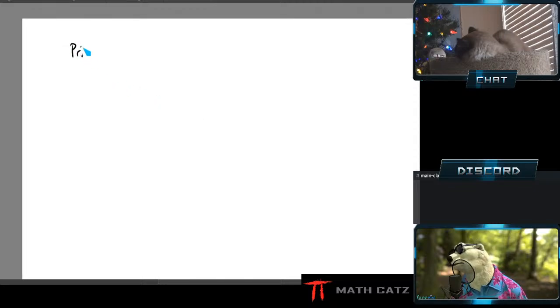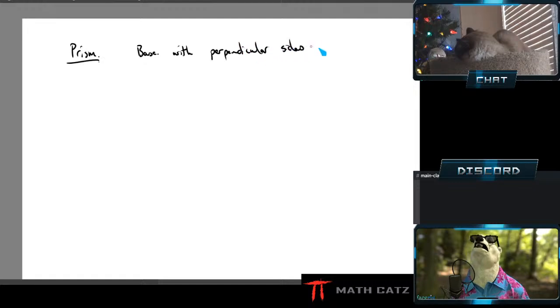But a prism, in the mathematical sense, you can define this in many ways. You have a base, and then you have perpendicular sides, and then the top is the same as the base.